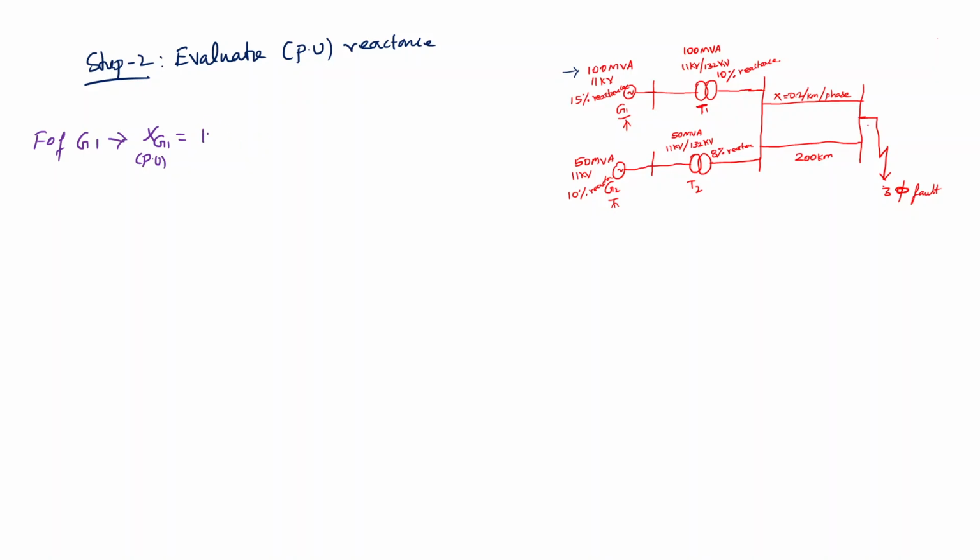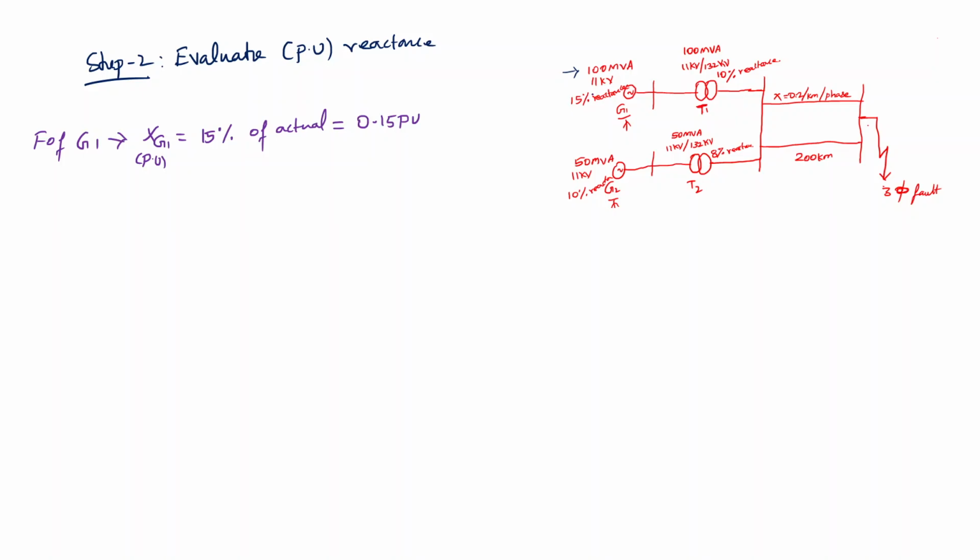It is nothing but 15% of actual. Actual I don't care, whatever it may be, but if I want to calculate in per unit, what will it be? It is 1. So 15% of 1 is 0.15 per unit. Correct or not? So this is the reactance value for G1.